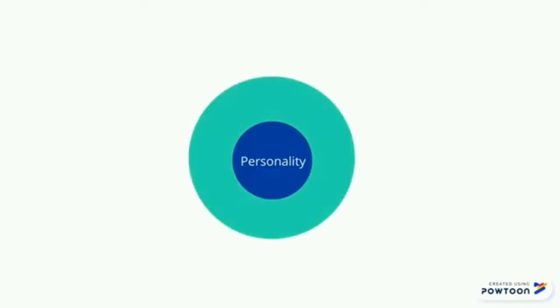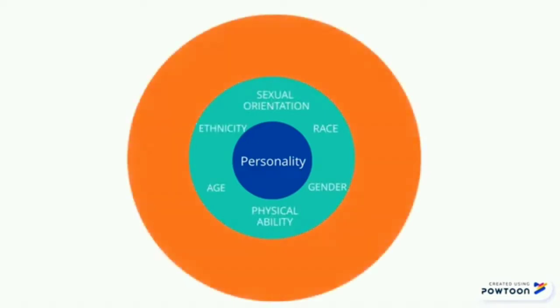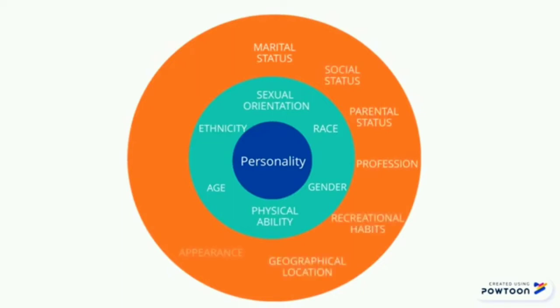The next circle contains internal dimensions, which include sexual orientation, race, gender, physical ability, age, and ethnicity. Our third circle contains external dimensions, such as marital status, social status, parental status, profession, recreational habits, geographical location, appearance, faith and spirituality, education, and economic status.